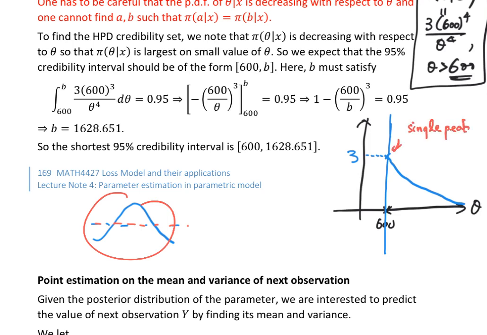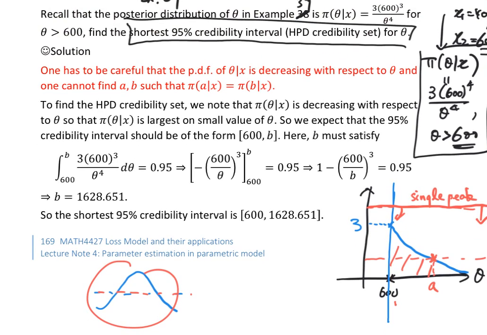Now, to find this credibility interval, I will just use the traditional approach. I put a horizontal line and move it down until it hits some point, such that this region will be of the probability P, your target level, and in our case P is 95%.